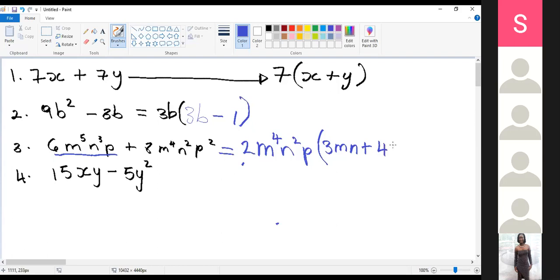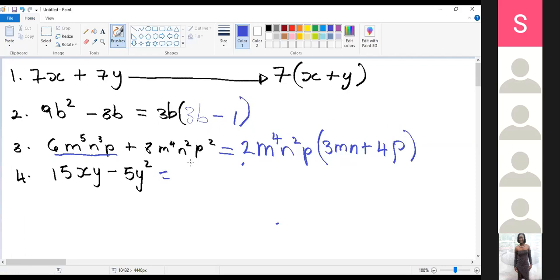Good. Then P. Yes. P, which is correct, because m to the 4 into m to the 4 is 1, and n2 into n2 is 1. So you wouldn't have to put back the ones. And then p into p squared, you're left with p. All right. How about the next one?